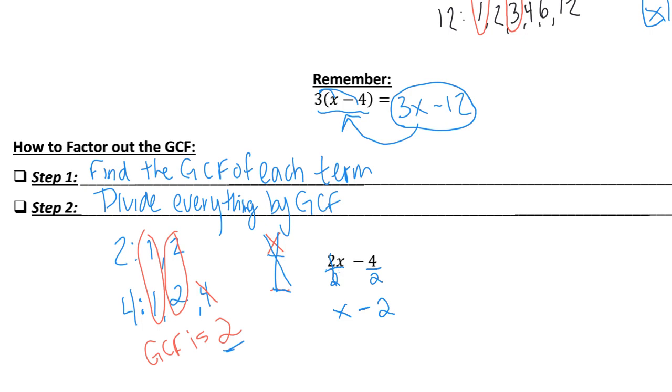But that's not it. I have to put that in parentheses and put my GCF out front. So then my whole answer is this. I have my GCF and then what I get when I divide both of those things by my GCF.